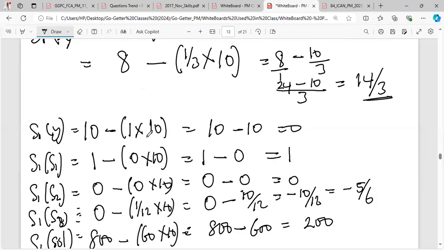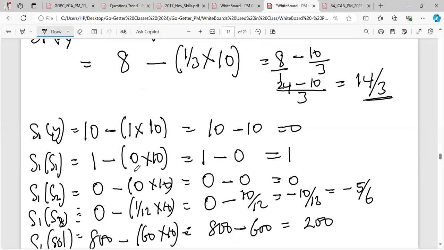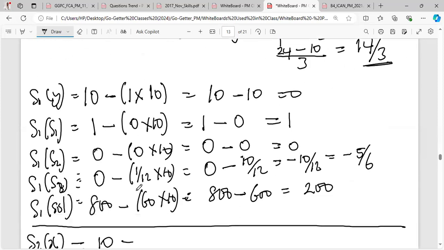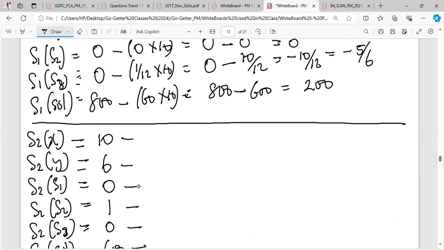We started with 1 over 3, 1, 0, 0, 1 over 12, 60. So it's the same thing we are going to use.